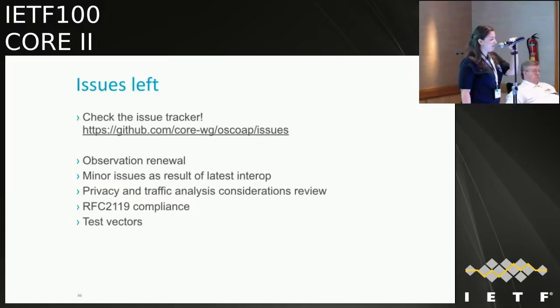And then, as I said, minor issues as a result of the interop, and then some more general issues that have been parked until now are privacy and traffic analysis considerations and review. Then RFC 2119 compliance as per Jim's request, and we still need to put in the test vectors.